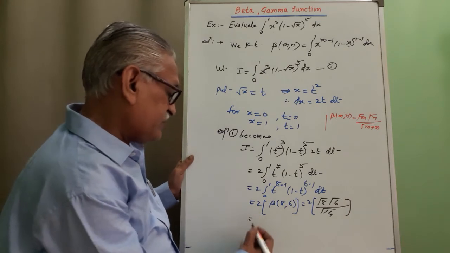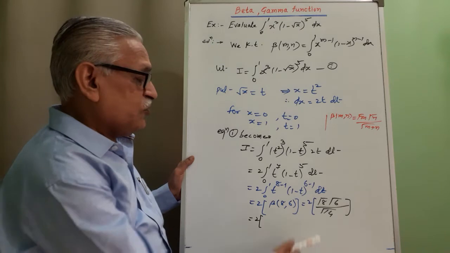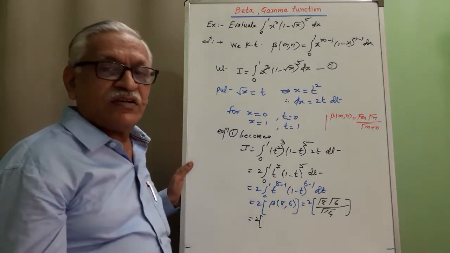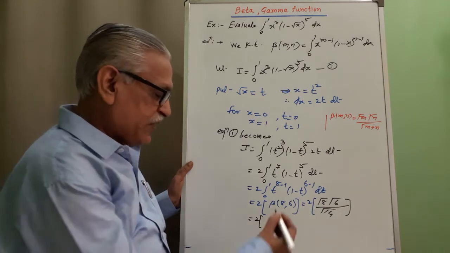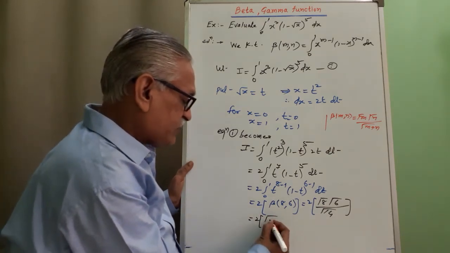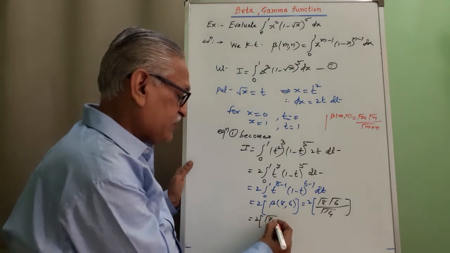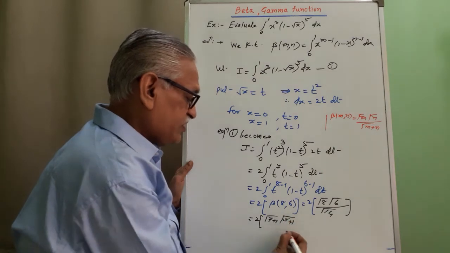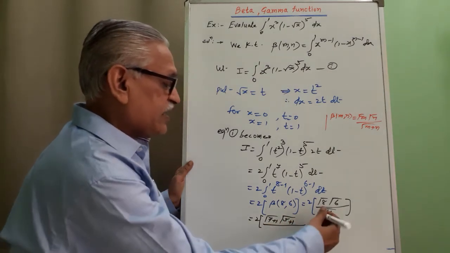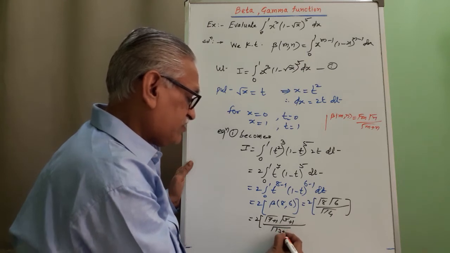To evaluate the value of gamma, I will rewrite 8 as 7 plus 1, in the form of gamma n plus 1, and 6 as 5 plus 1, divided by gamma of 14 as 13 plus 1.